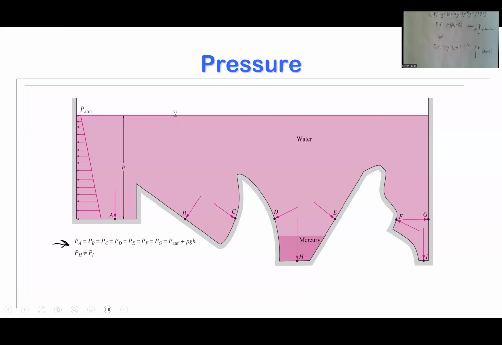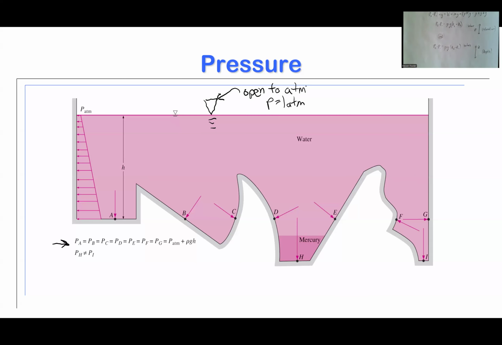Now, there's this symbol up here, and it's kind of small. I'm going to draw it a little bit bigger. So you have this triangle with some lines underneath it. That symbol means that it is open to the atmosphere, or P is equal to 1 atmosphere.